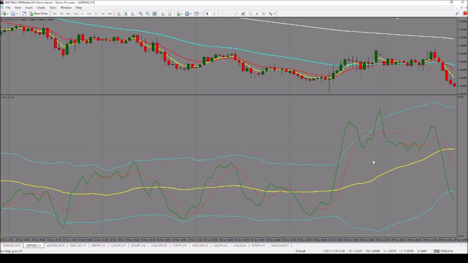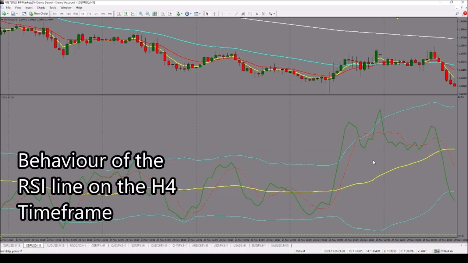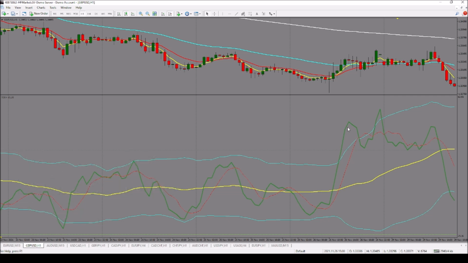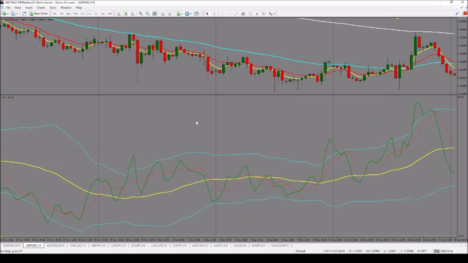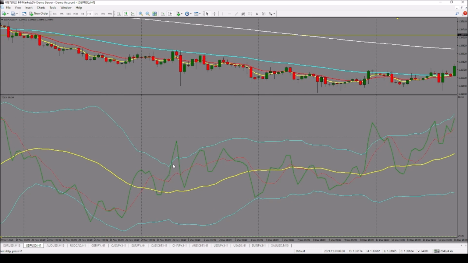Whenever we are to use this strategy, we will first need to see the behavior of the RSI line, which is in green, on the H4 time frame. What we will need to see is the RSI line piercing through the upper volatility band in blue, or piercing the lower volatility band, like that.